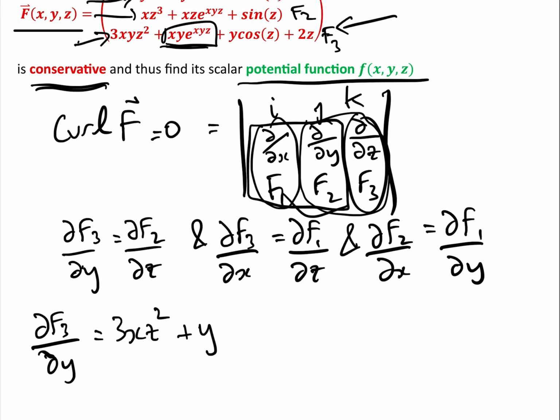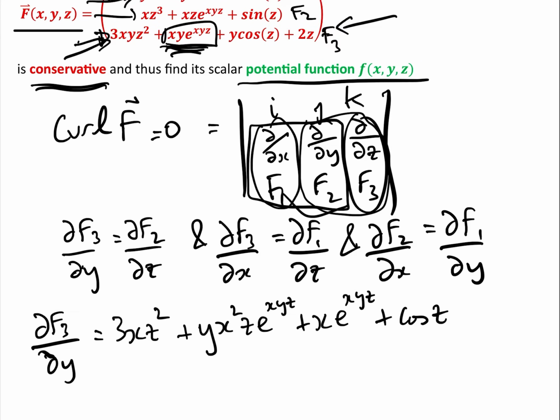This one we'll do by the product rule, so that will be y x squared z e to the xyz plus x e to the xyz. That's just differentiating that partially with respect to y using the product rule, plus cos z.